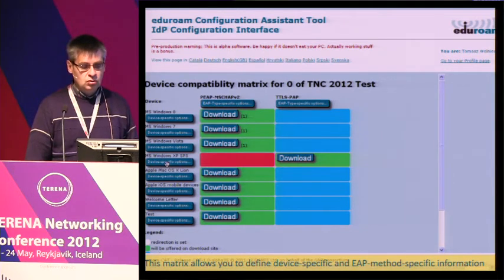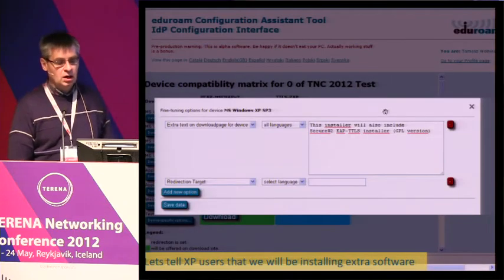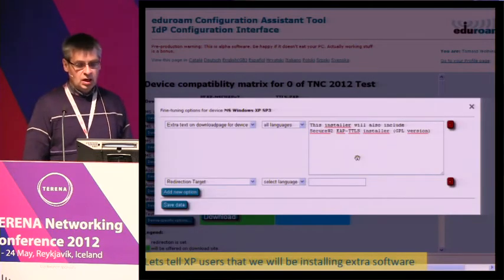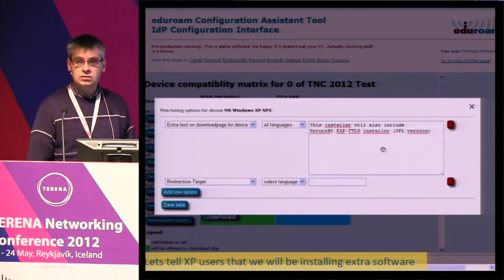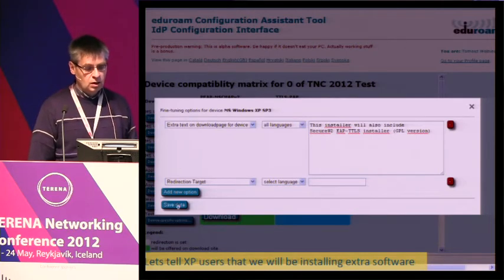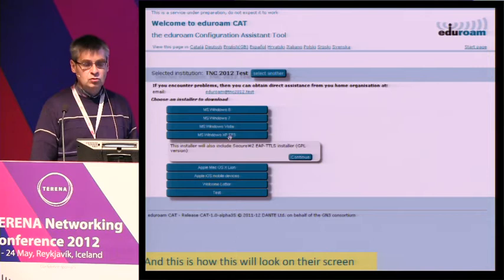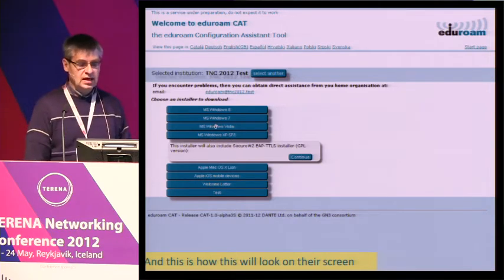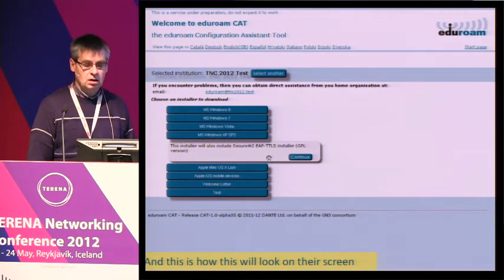So we can do a Windows XP extra option by clicking it here. We will put in a message that this installer will also include the SecureW2 installer. We save this. And when the user now clicks Windows XP, then this extra field will appear telling him what we have just put in.